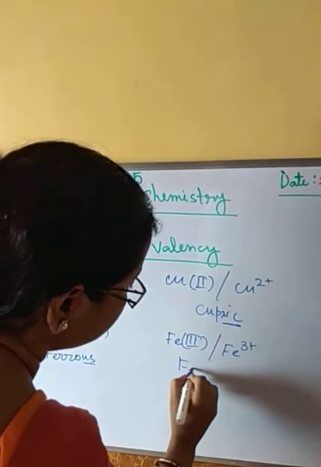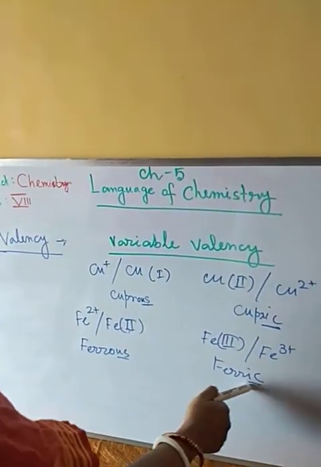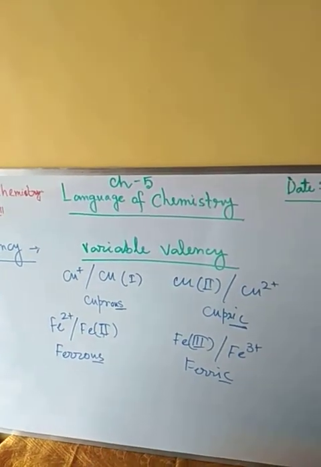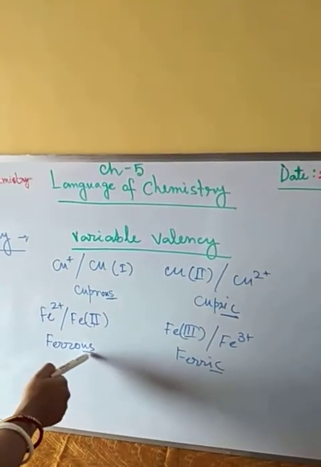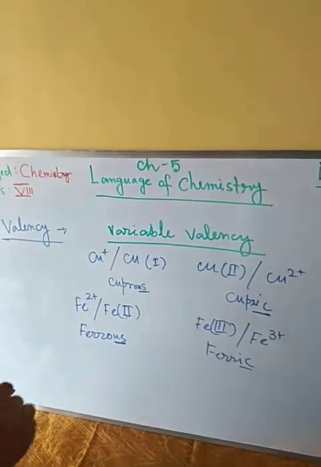This is ferric. At last the ic will be there, as this is the highest valency for that element, and for the lowest valency there will be ous.